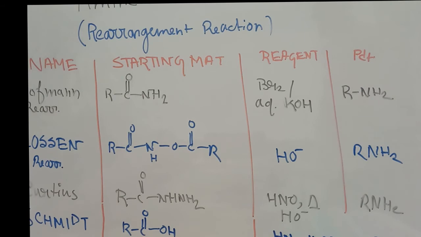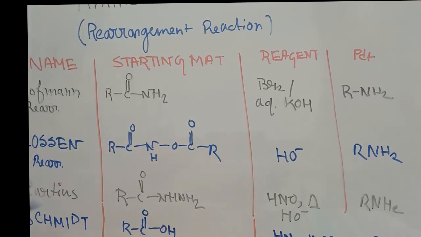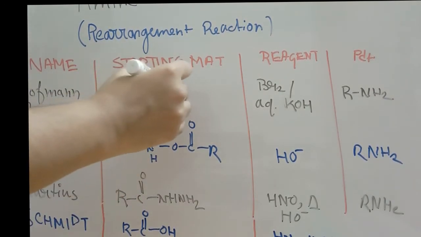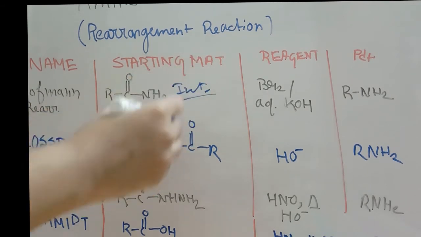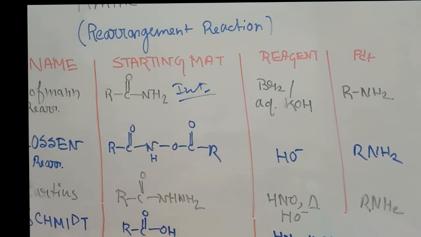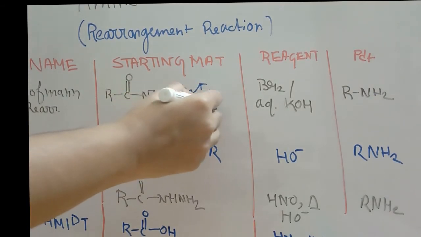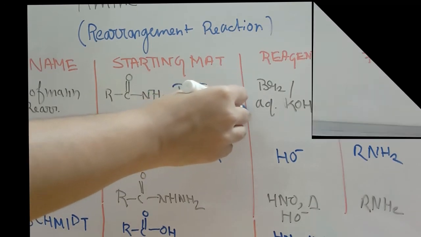The common thing about all these four reactions is that they give amine as product, and all of them pass through an isocyanate intermediate.